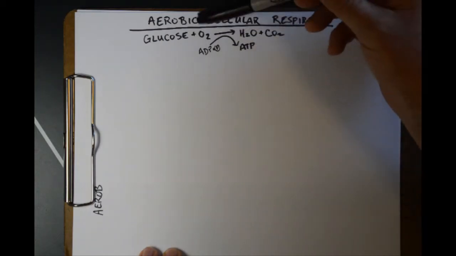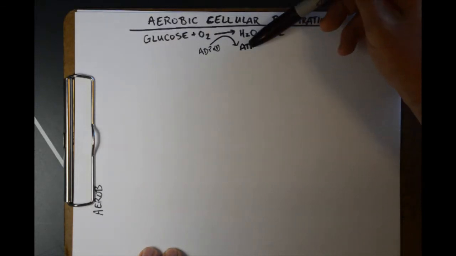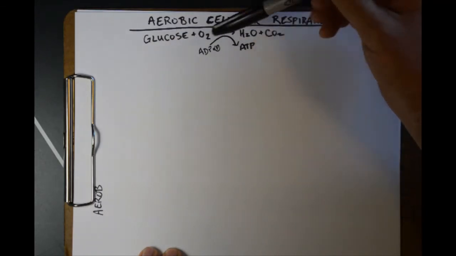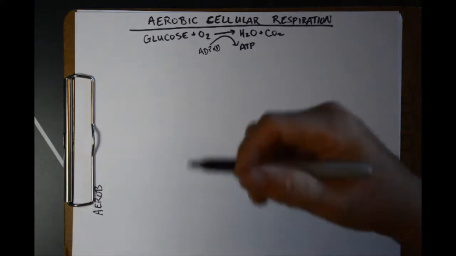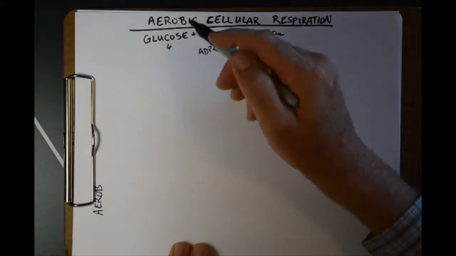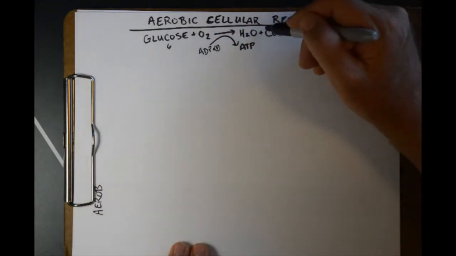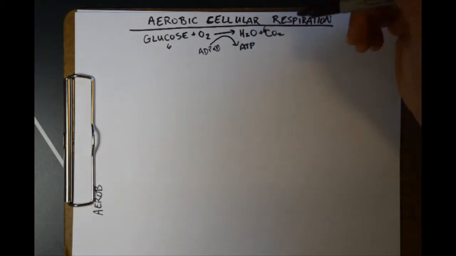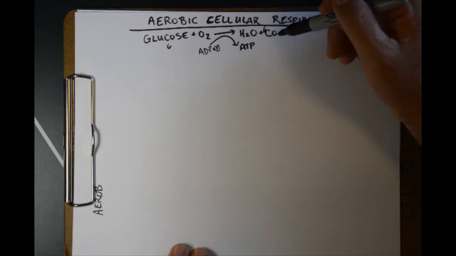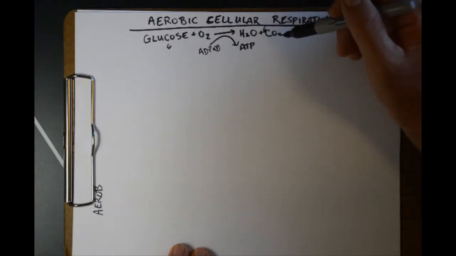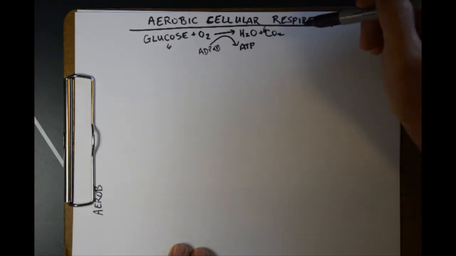We want to extract the energy from glucose and make ATP. One number I might mention is, since you should know that glucose is a 6-carbon sugar, then it should make sense that we have 6 carbon dioxides. But other than that, the numbers are not the main point.